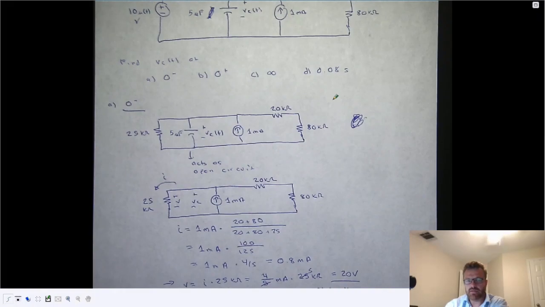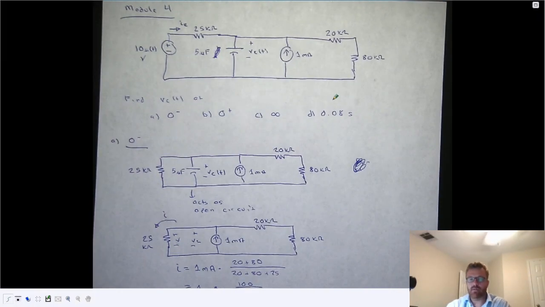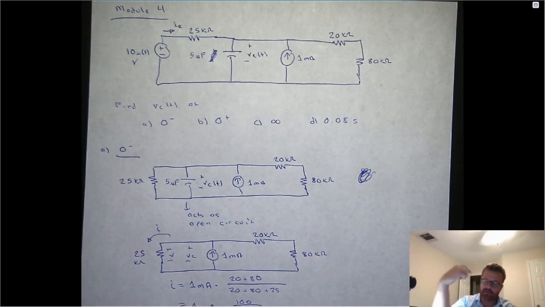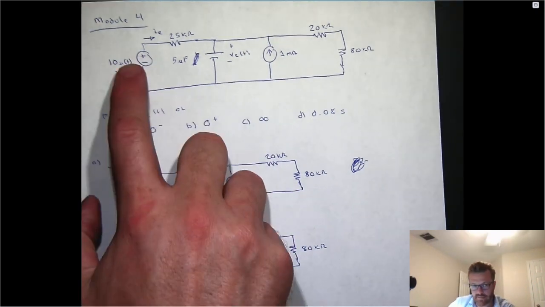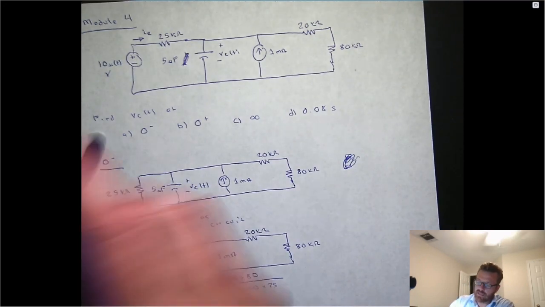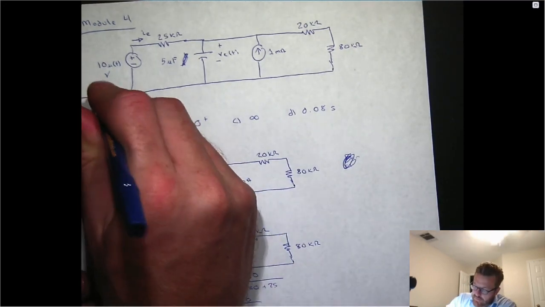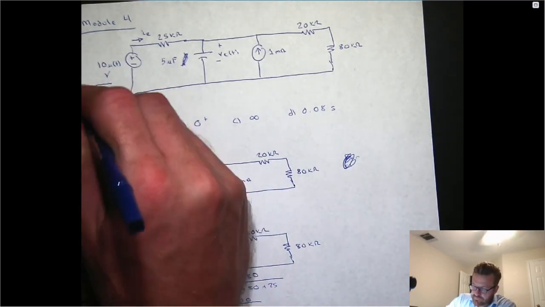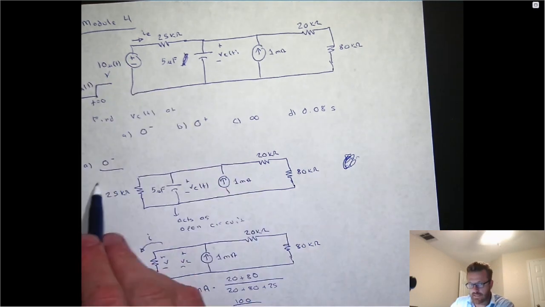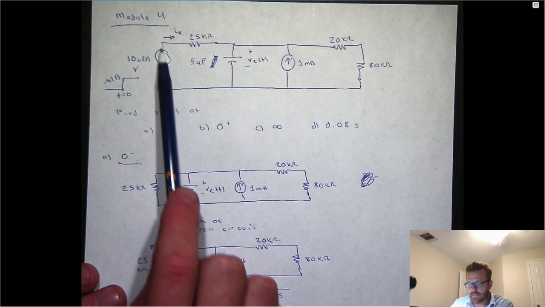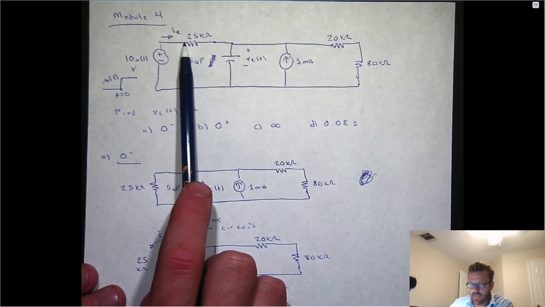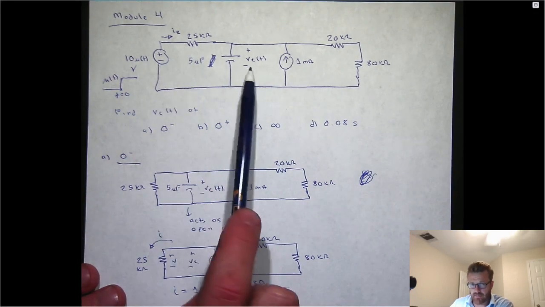So the first thing we want to do is find it at 0 minus. Remember, at 0 minus, this source is just going to short out, because u of t is the step function, which means it turns on at t equals 0. So at 0 minus, it's just a shorted out source. When this source shorts out, it's going to drop this 25K resistor in parallel with the capacitor.